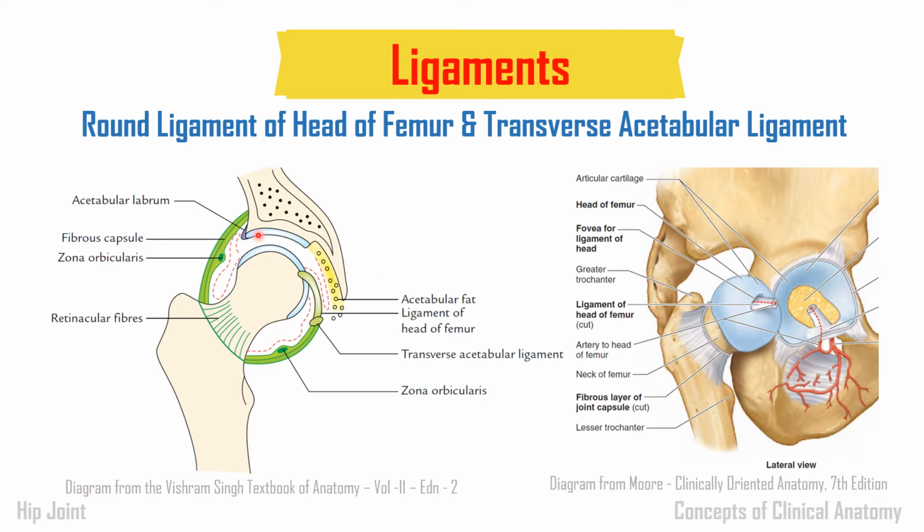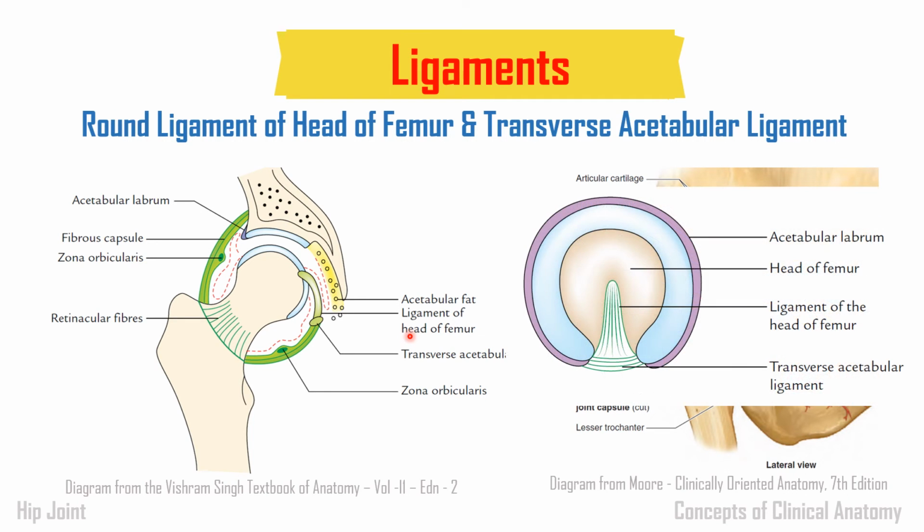The acetabular labrum not only increases the depth but also helps in grabbing the head of the femur, which increases the stability. And the transverse acetabular ligament, you all know, is just bridging the gap in the acetabular labrum and this horseshoe-shaped articular surface of the acetabulum.